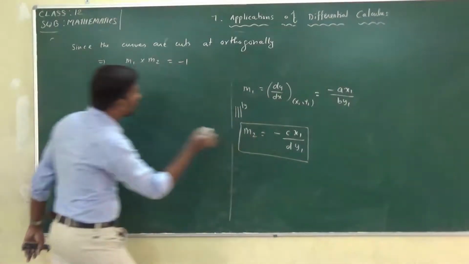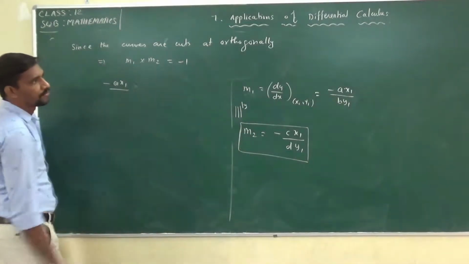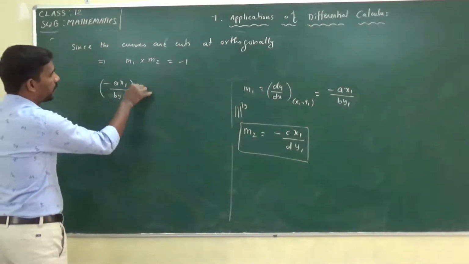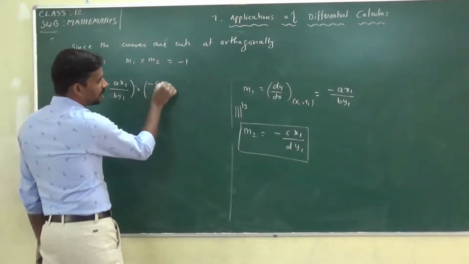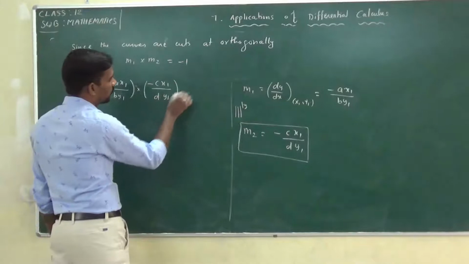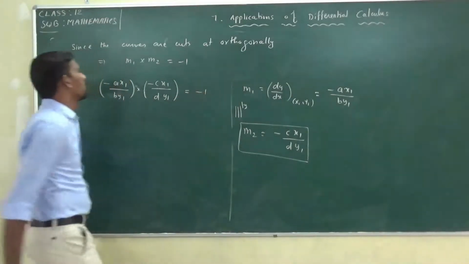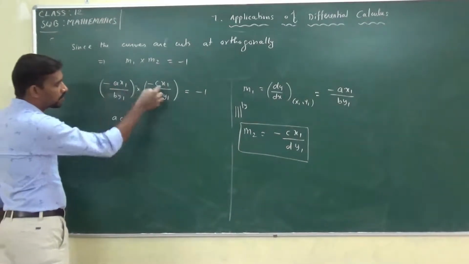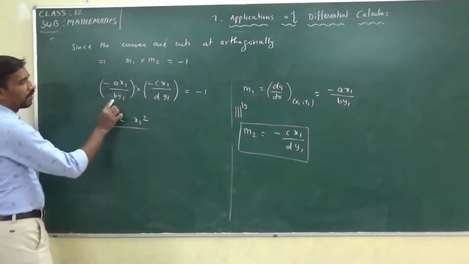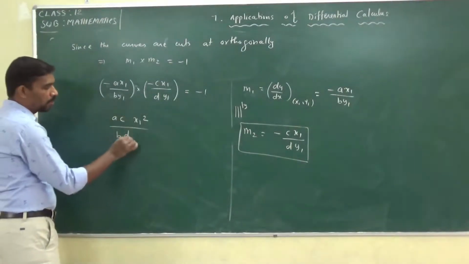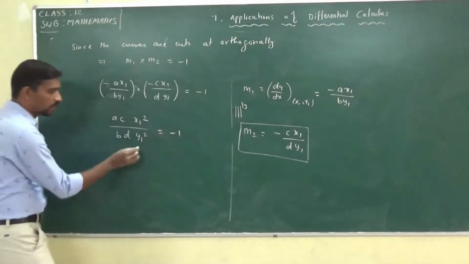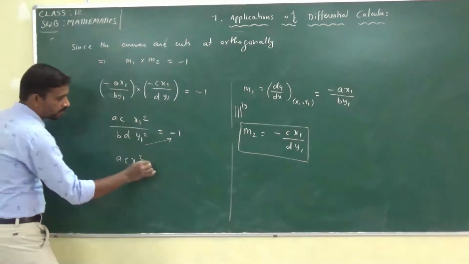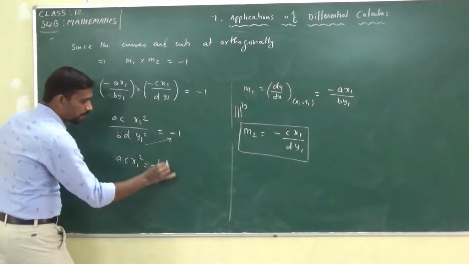What is the value of m1? Minus ax1 divided by by1, into minus cx1 divided by dy1, which is equal to minus 1. Multiply: minus into minus is plus ac, x1 into x1 is x1 square, divided by bd y1 square, which is equal to minus 1. So take bd y1 square to the right side. So ac x1 square is equal to minus bd y1 square.